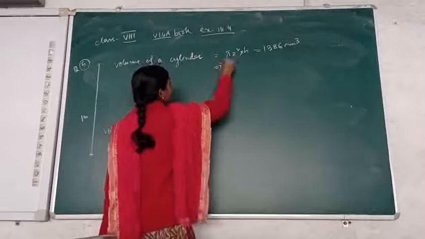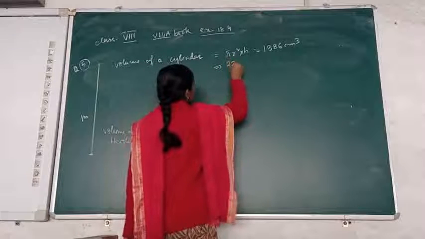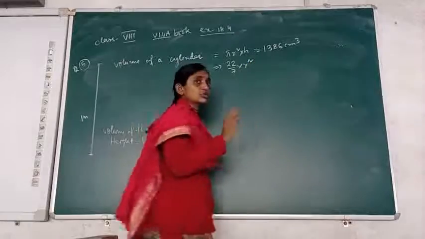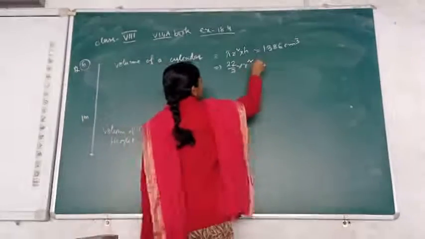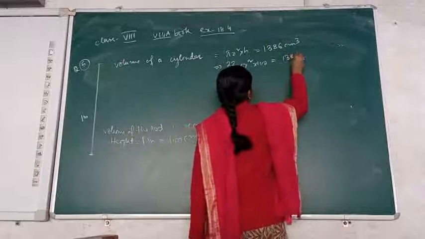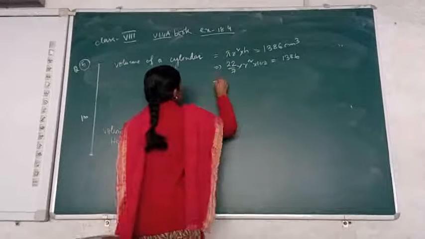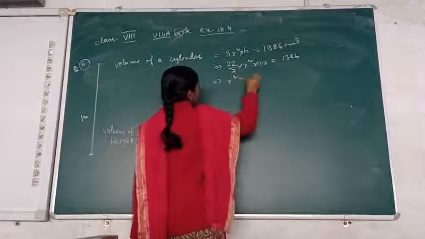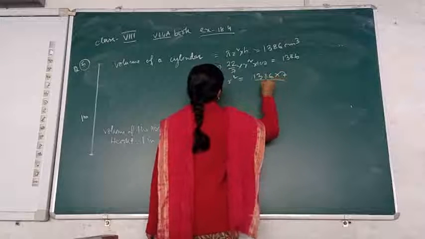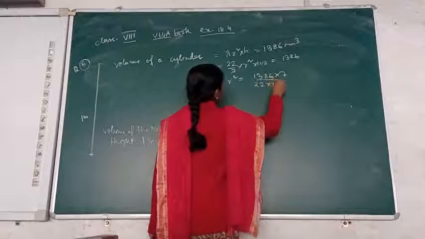So here we can put 22 by 7 into r square, we don't know what r will be, into 100 equal to 1386. So r square equals 1386 into 7 by 22 into 100.